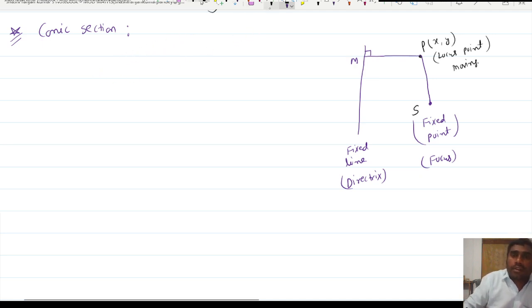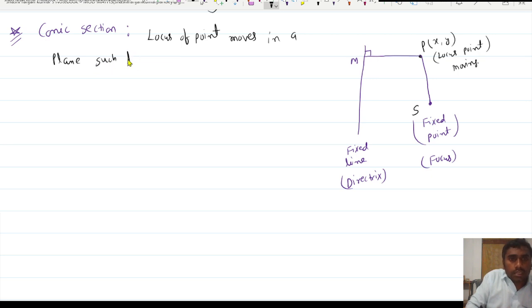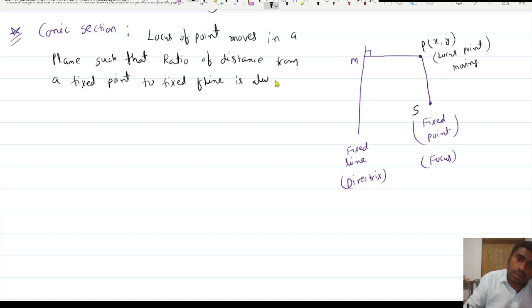So the locus of a point that moves in a plane such that the ratio of its distances from a fixed point to a fixed line is always constant.